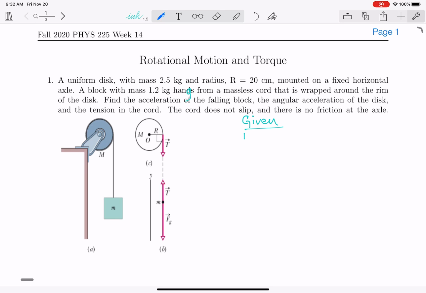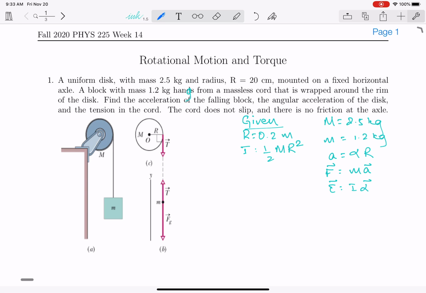Radius 0.2 meters, inertia of a disc 1/2 m r squared, where r is the radius of the disc, mass of the disc 2.5 kilogram, mass of the block 1.2 kilogram. Acceleration equals alpha times r, net force, and torque equals I times alpha. These are the formulas that I'm writing.